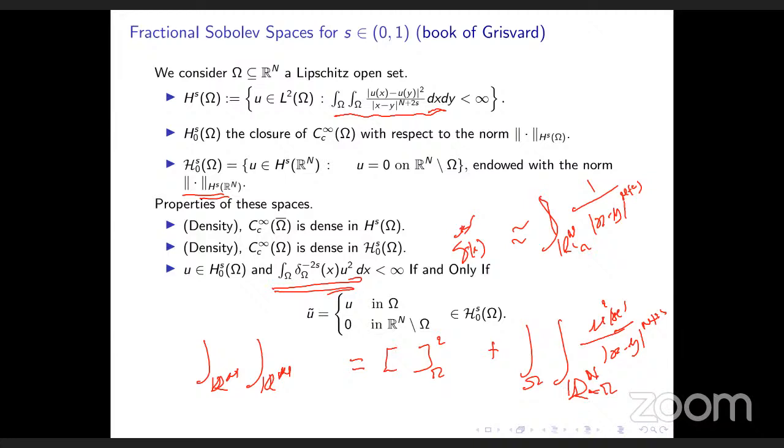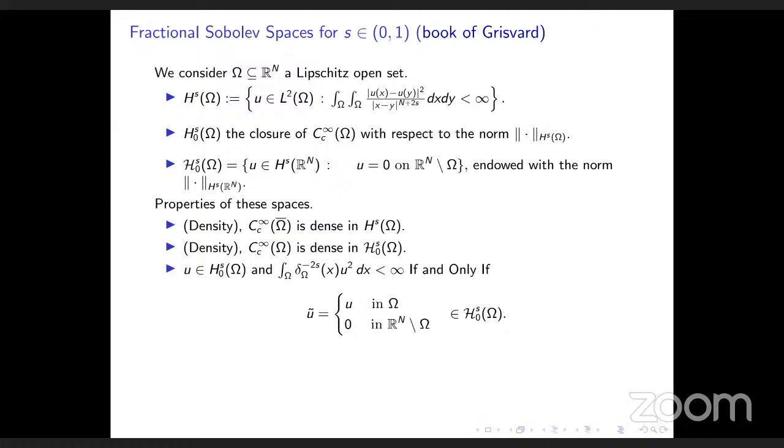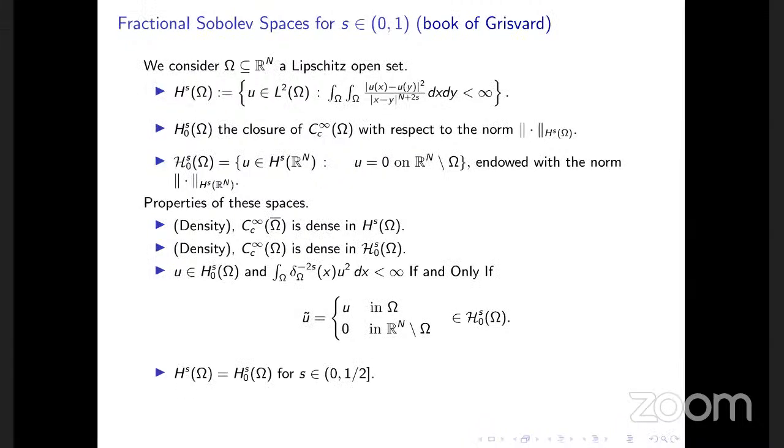Another interesting fact which we obtain is that the spaces H^s_0 and H^s are the same for s between 0 and 1/2.